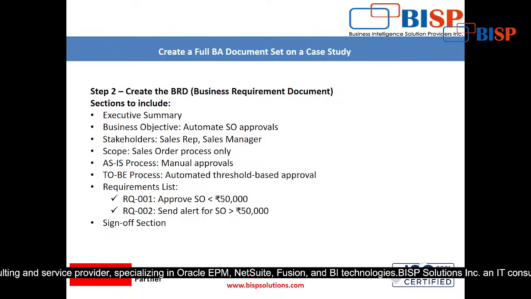Scope means the area, the boundary; beyond this boundary we will not do anything. Okay. Then the as-is process. As-is process means the current process. Currently a manual process is there. Manual approvals.